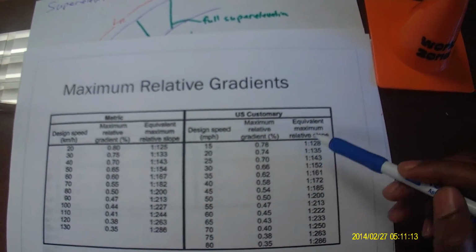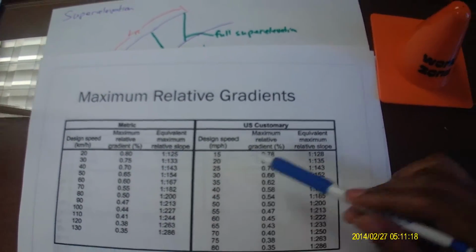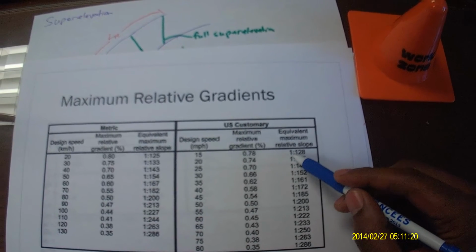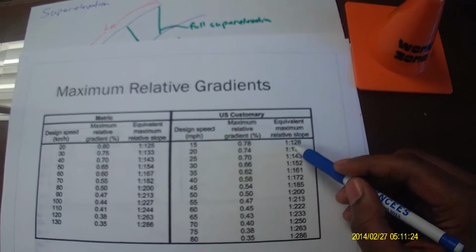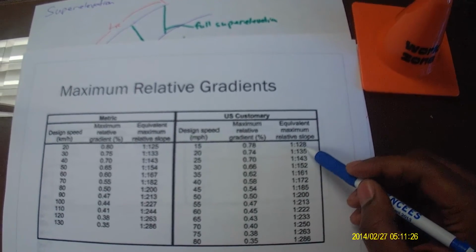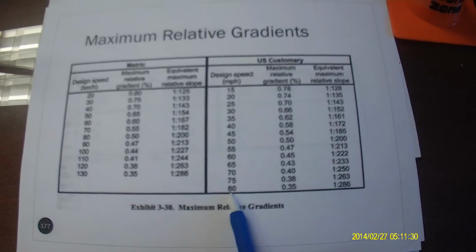Alright, so you notice here that, let's just say at the design speed of 15 miles per hour, for every 1 foot you move up, you are traveling 128 feet. Compare that to about 80 miles per hour design speed.